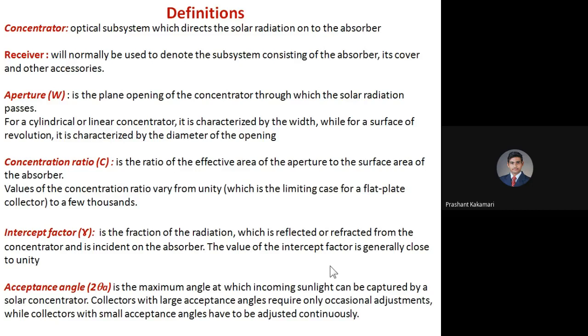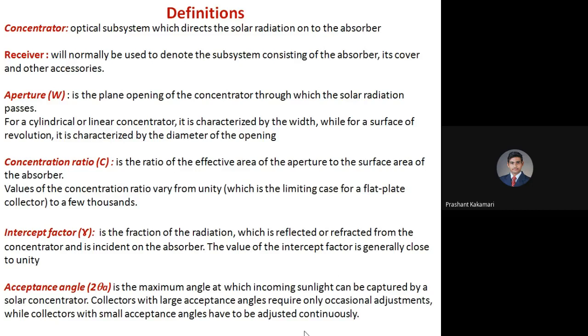Here we use tubes or a chamber in which we focus all these radiations on a given point, a given line, or a given small surface area. This phenomenon is due to these optical systems, which direct the solar radiation over the absorber. This optical system of mirrors or reflectors we call the concentrator system.